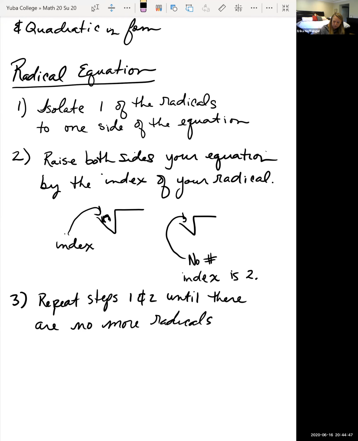And so once all of the radicals are gone in that equation, then you need to determine what type of equation. Is it linear or is it quadratic, and how am I going to go about solving? So solve the equation.